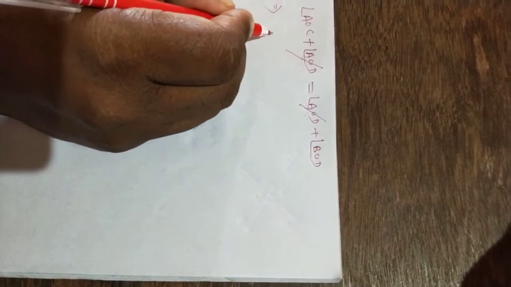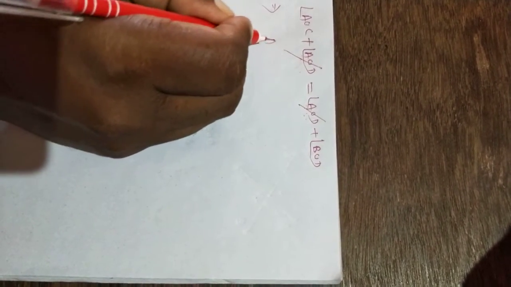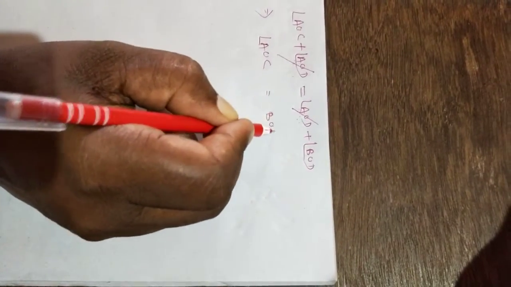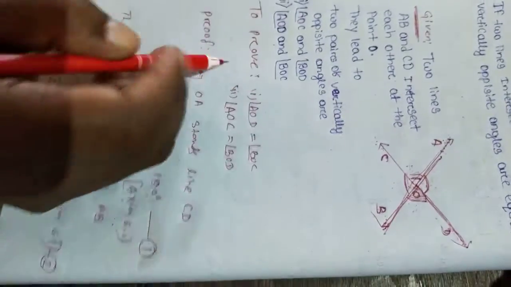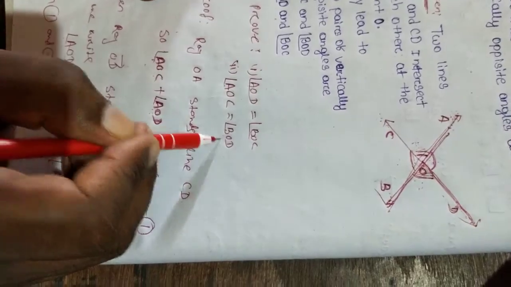So we get angle AOC is equal to angle BOD. You see, to prove AOC is equal to BOD, we get AOC is equal to BOD.